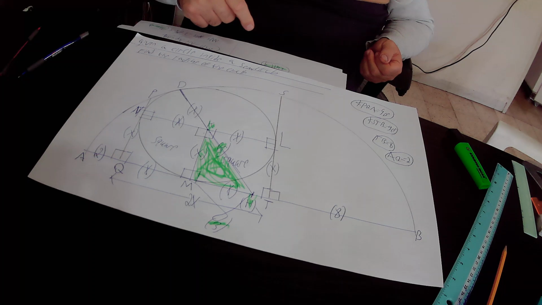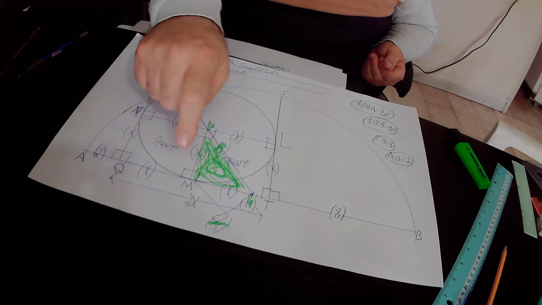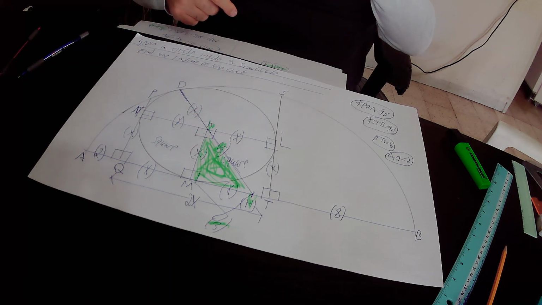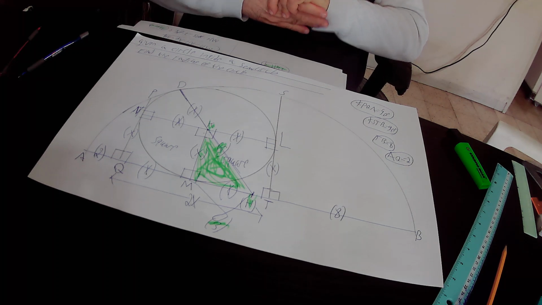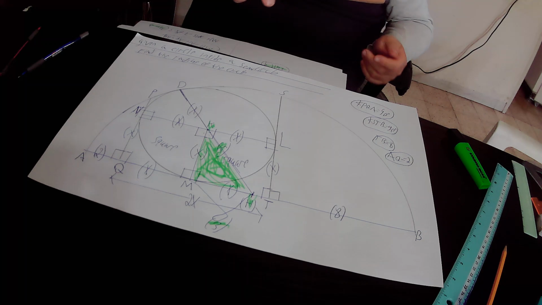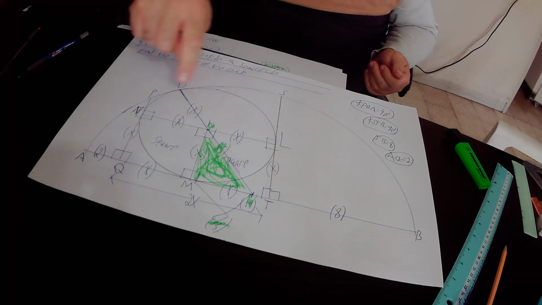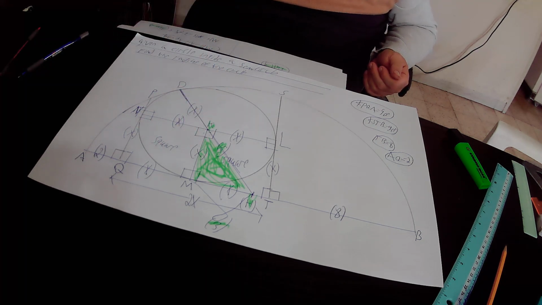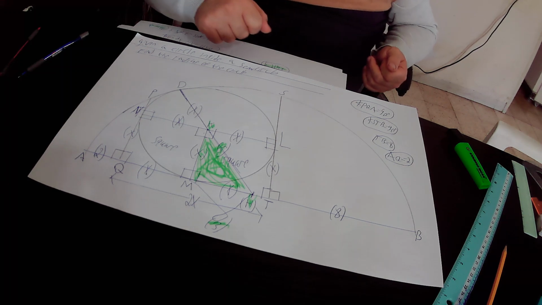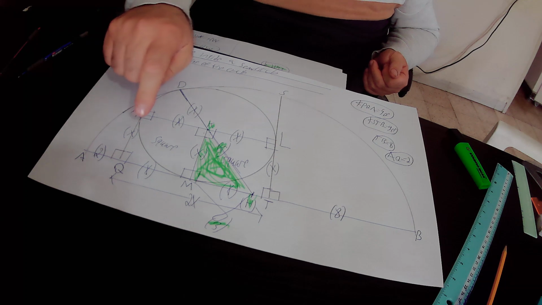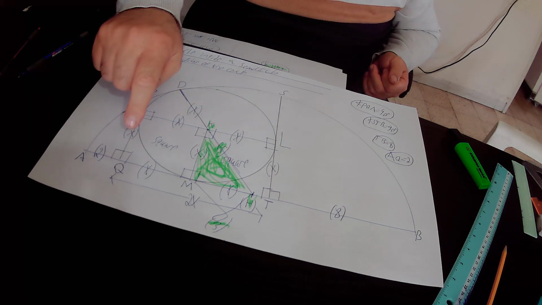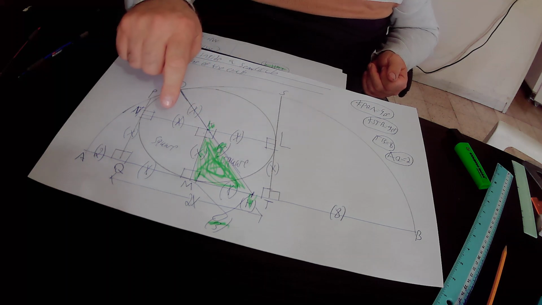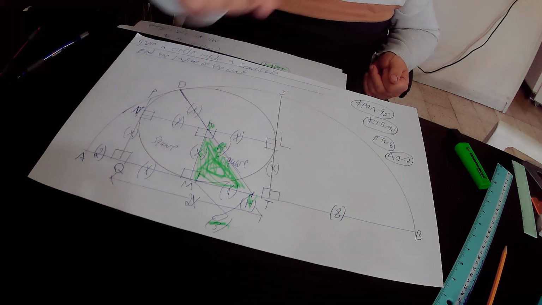So inside the small quadrangle KNQM, we have 4 right angles, and according to rule 6, any quadrangle that has 4 right angles must be at least a rectangle, if not a square. So KNQM is a rectangle because it has 4 right angles. We also know that the opposite sides of a rectangle are equal to each other. So in rectangle KNQM, side KN must be equal to the opposite side QM, but KN is x, therefore QM must also be equal to x.